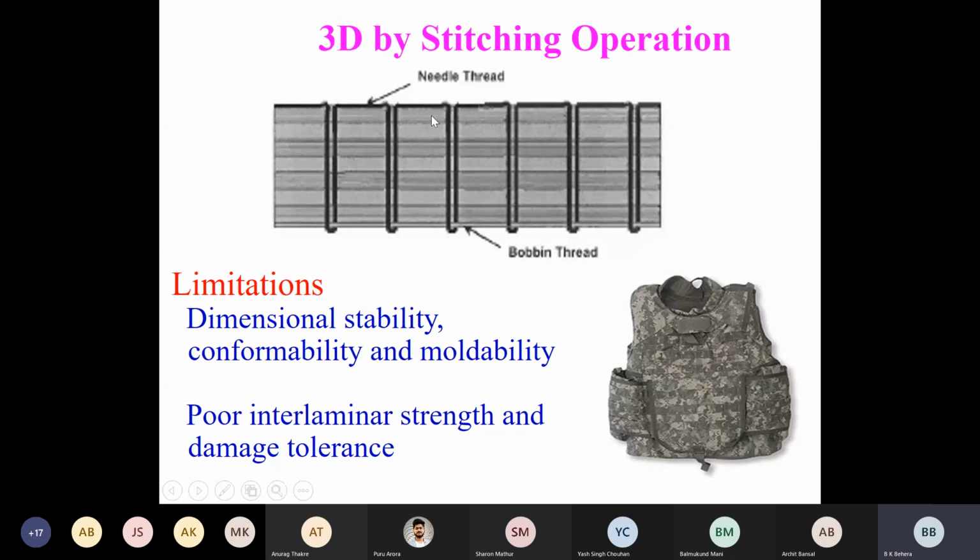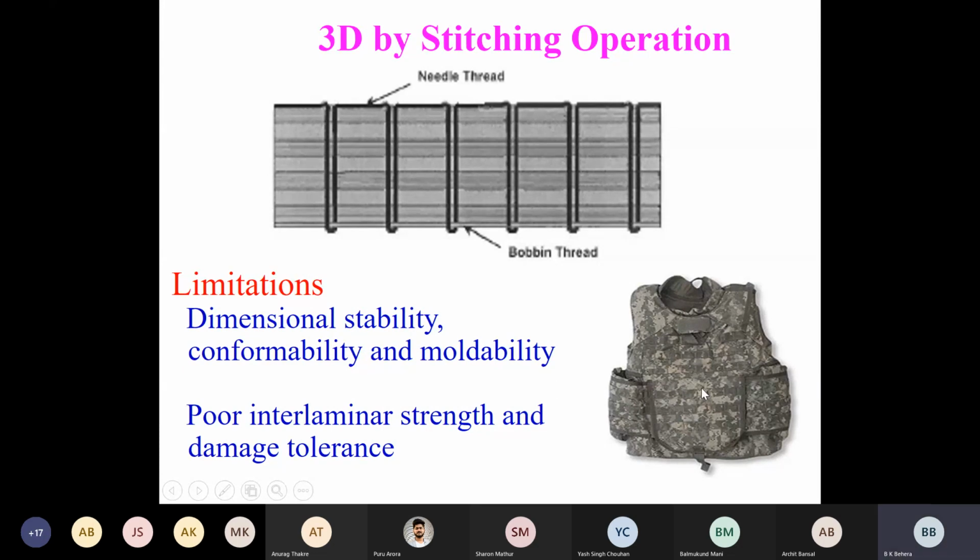See, after making, suppose, 20 layers of single fabric stitched, and we want to make a bulletproof jacket out of that. As you know, a bulletproof jacket means it's a fabric. It should have some flexibility, some shear properties, some compressibility. We must be able to stitch it.